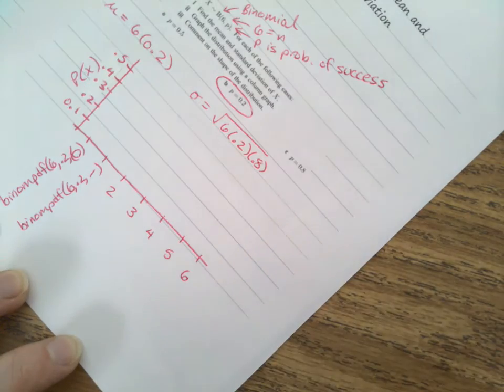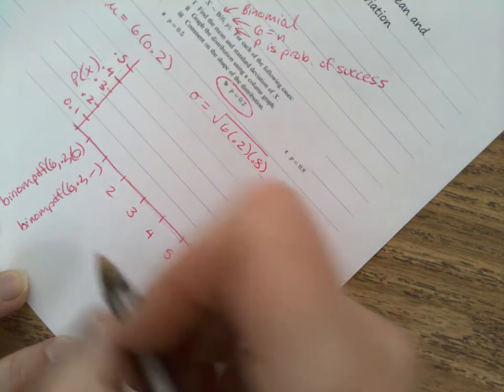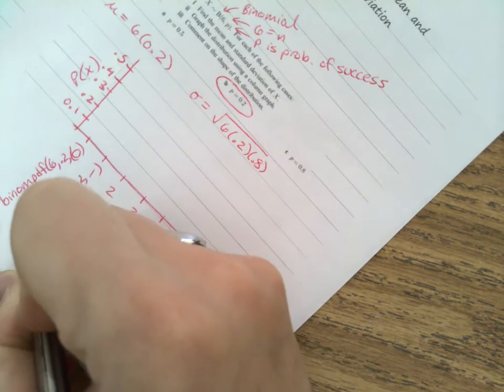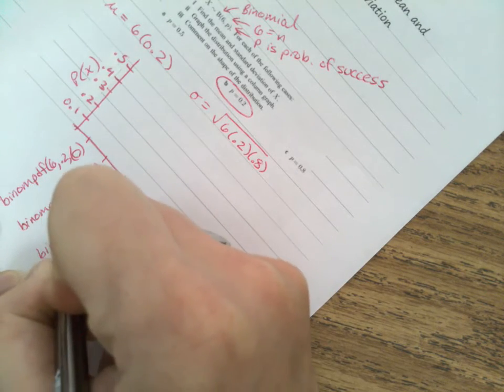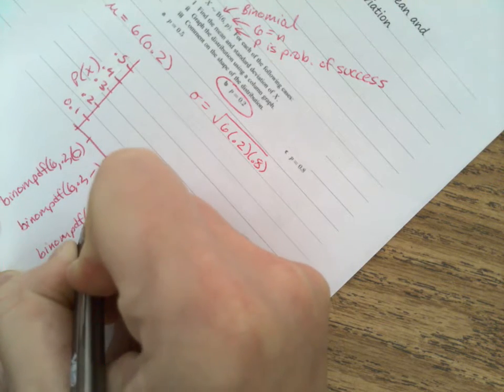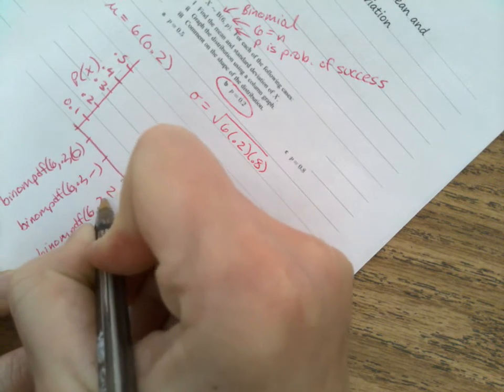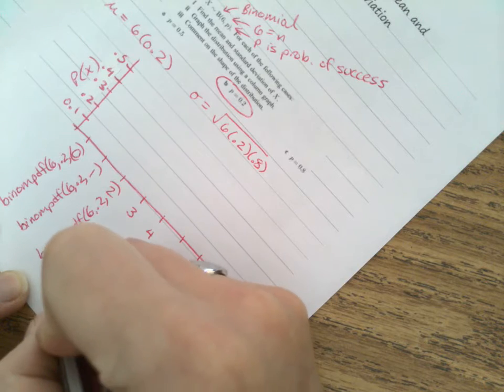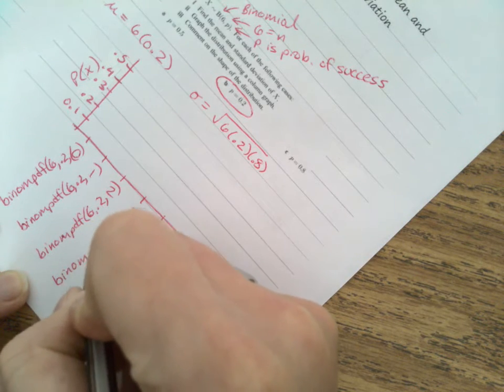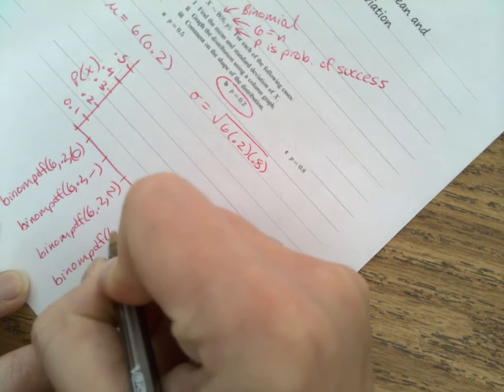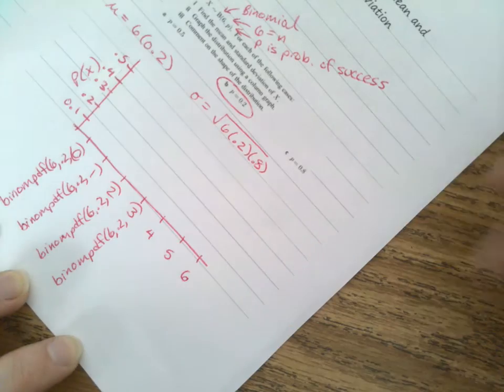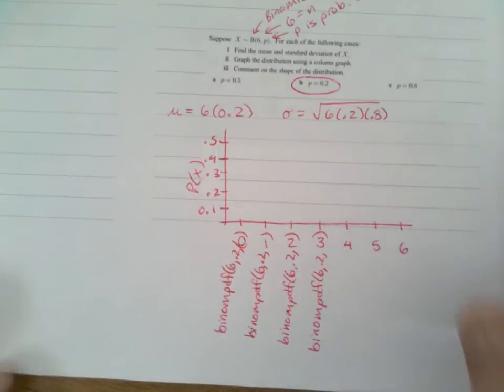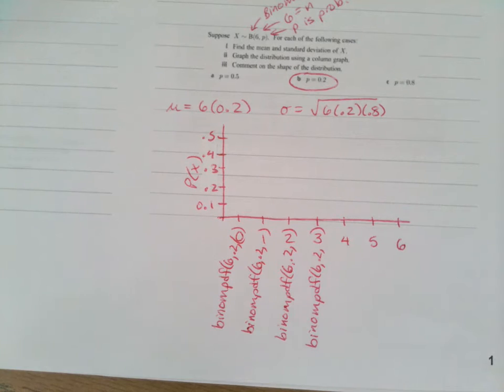And that one is on its side, so that's hopefully clear that that is our x. Binompdf(6, 0.2, 2), and then 3, and so on. This is so repetitive. All of those are going to be found with my calculator, which is all the way over there.